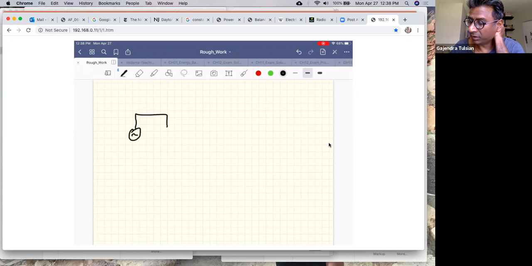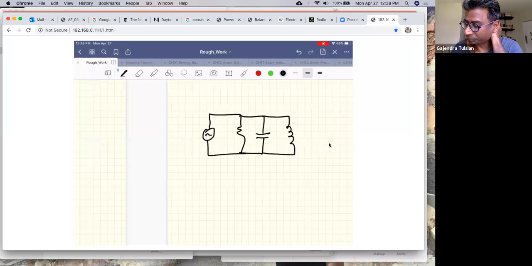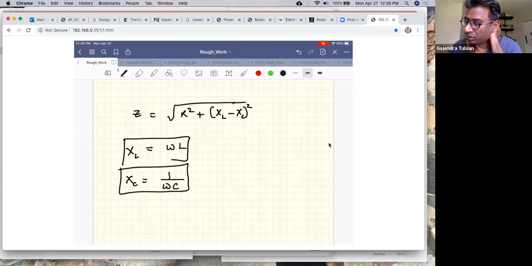Here's a parallel connection of the devices, okay, but we won't consider that, and there are many other combinations, okay. So the impedance of that series RLC circuit is given by that. The impedance of the inductor is omega L. The impedance of the capacitance is 1 over omega C. Impedance is the generalization of resistance, the term resistance, okay.